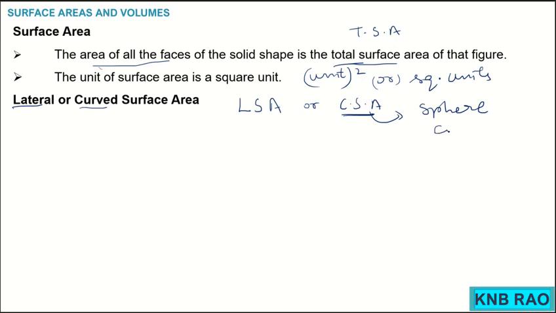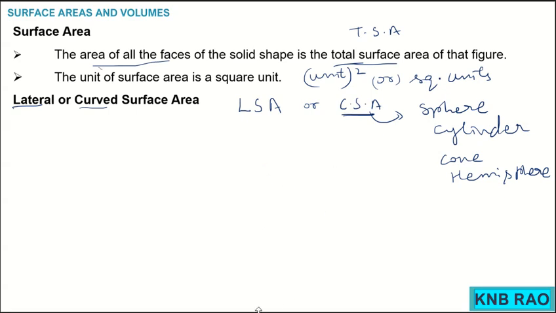It will be there in a cylinder, in a cone, and for a hemisphere. So where the side walls of the solid shape are curved, we call it CSA. Otherwise we call it LSA. LSA will be there for a cuboid, cube, and any tetrahedron. You have learned them in class 8.